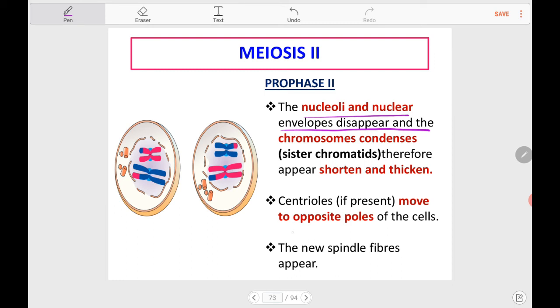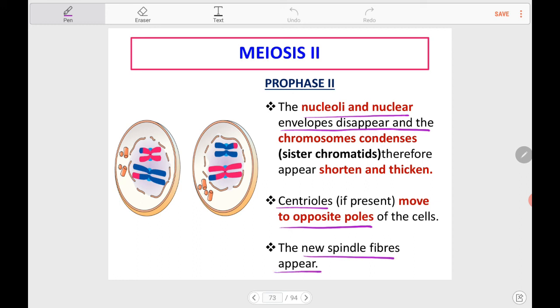At the same time, centriole akan start to move again towards the opposite pole. Sama je macam apa yang berlaku dekat prophase 1 ataupun dekat prophase of mitosis in terms of centriole ataupun movement of the centrosome. Okay, next yang sama juga adalah the formation of new spindle fibers.